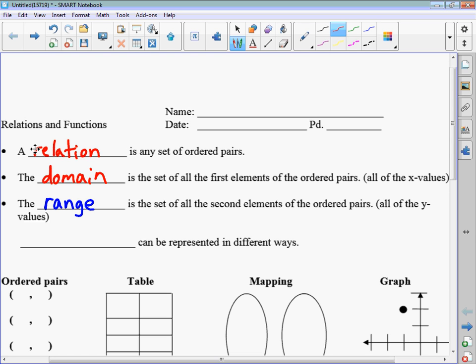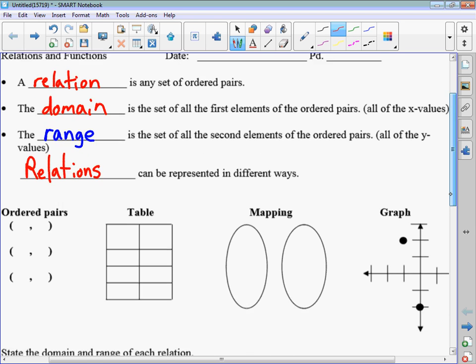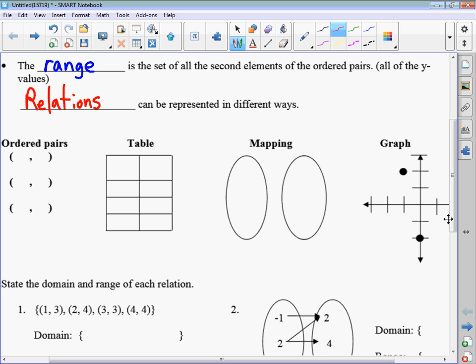And relations, again, can be represented in different ways. The first way to represent them would be in ordered pairs. So we have something like -1, 2, 0, -2, and 3, 3.